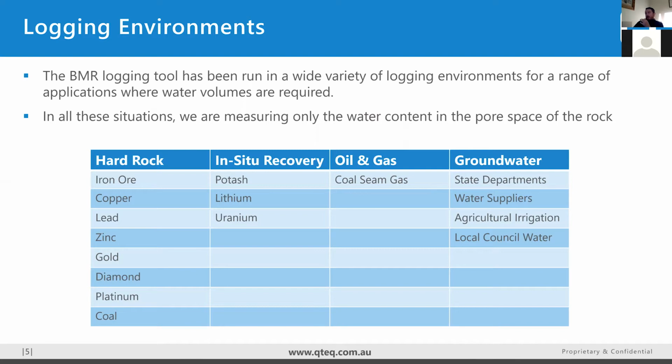There have been us and a couple of other companies that have looked at moving it out of that area, and to date we've covered a few different environments, from hard rock mining to in-situ recovery, so things like potash, lithium, uranium, some normal oil and gas, and coal seam gas logging, and have worked for different groundwater departments and others.